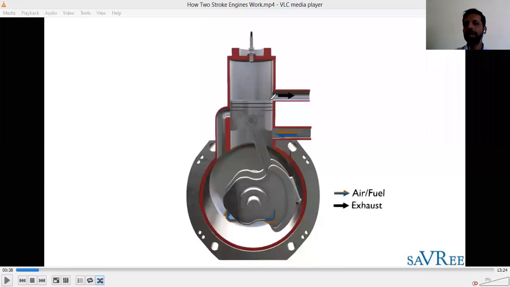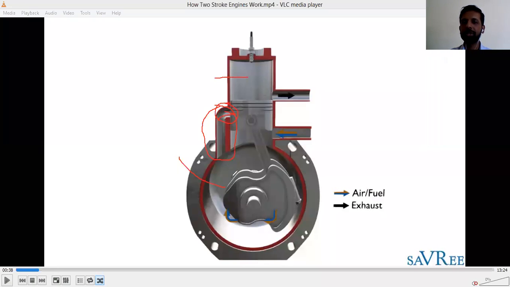We'll see that. Okay. And the other thing is that there is a transfer port. There is another port that comes into the picture. So this particular region is a transfer port. There is one opening connecting the combustion region and the crankcase region. In a four-stroke engine, the crankcase and the combustion region were not connected, and there was no opening or any kind of interaction between them.